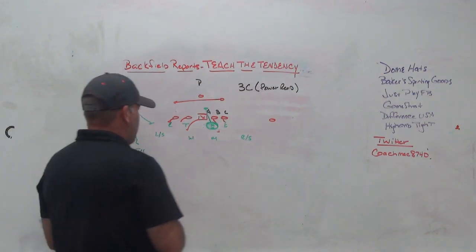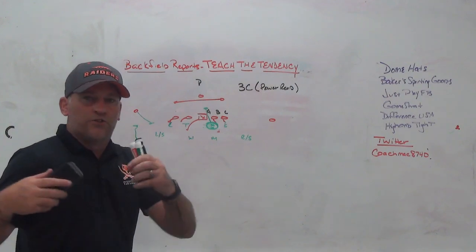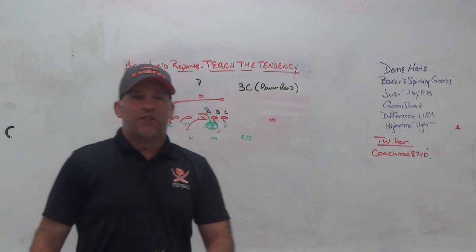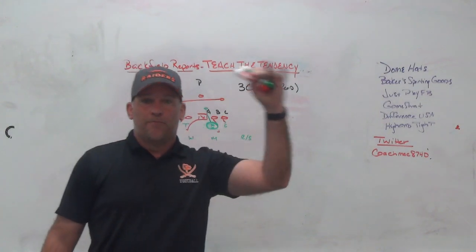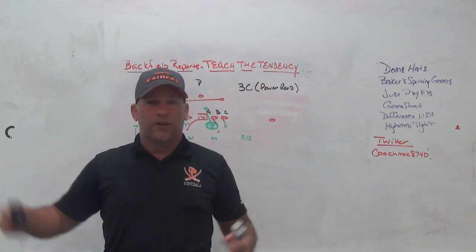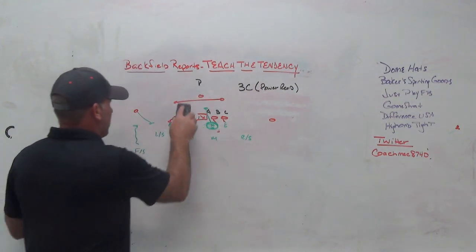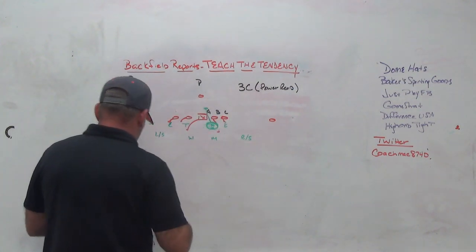All right, so you're building in off of the backfield sets. You're building in teaching tendencies to your players that eventually, as you get better and older at what you're doing, they can get wider, whatever the deal is, if they understand where the back is. Like the 3 technique.